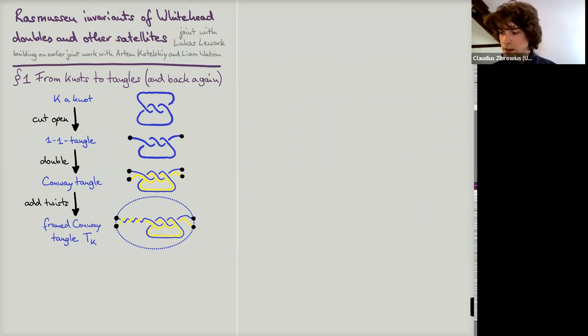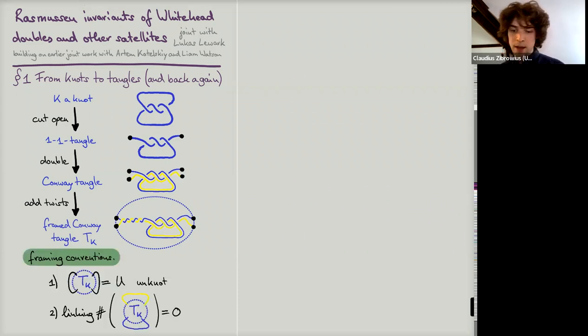This number of twists is determined by the second property, that the 0 closure, i.e. when we glue yellow to yellow and blue to blue without adding any additional crossings, has linking number 0. This does not change the first property, that if I take the infinity closure, i.e. the vertical closure, then I still have the unknot. So for every knot in the knot table, I get an interesting Conway tangle that I can study.